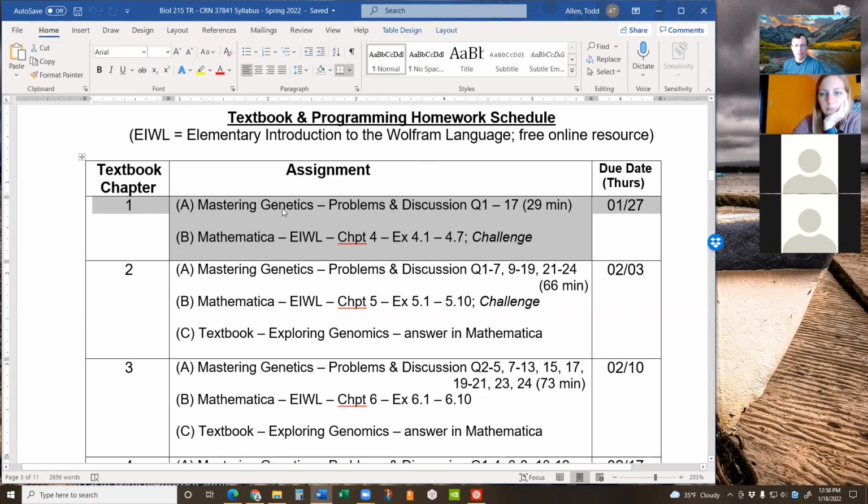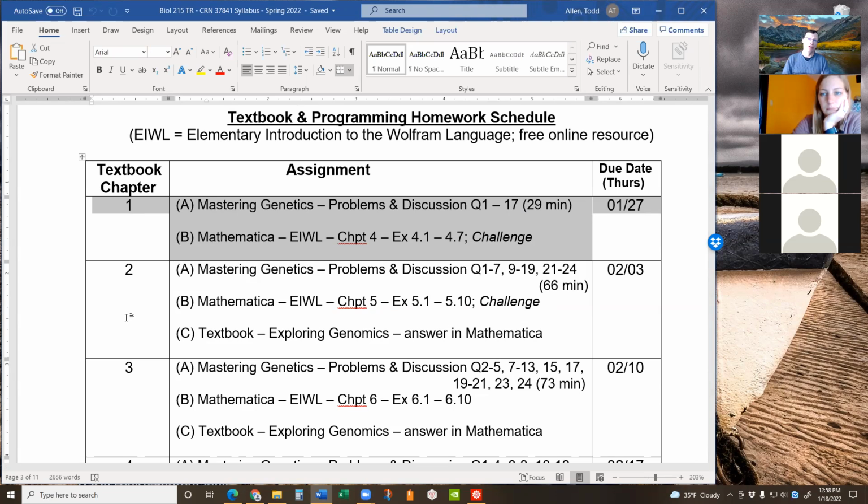You'll notice with Mastering Genetics, I've always put a time indication down, 29 minutes for this first one, 66 minutes for chapter 2, 73 minutes for chapter 3. Those minutes are the textbook publisher's estimation of how long most students will need to answer these questions.